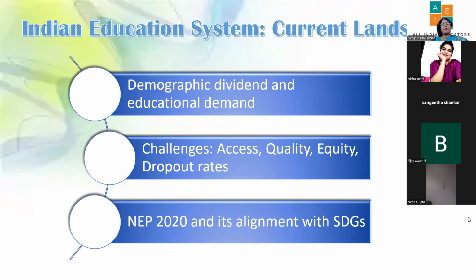Now, what is demographic dividend? If we are talking, the demographic dividend refers to the economic benefit that arises in a country's working age population. So in every country, there is a population which is between 15 to 60 years, so it's called the working population.